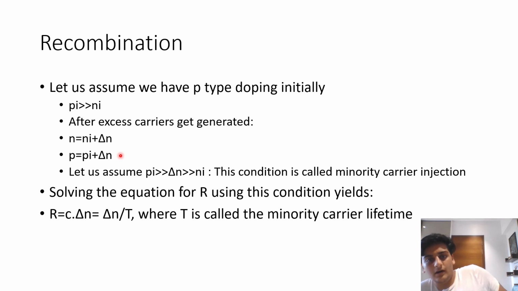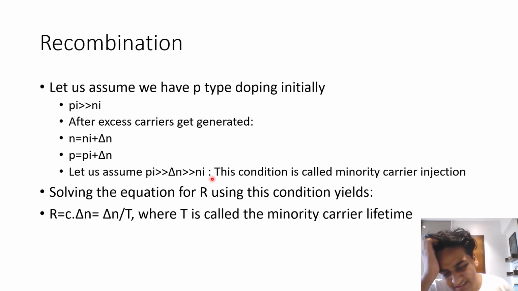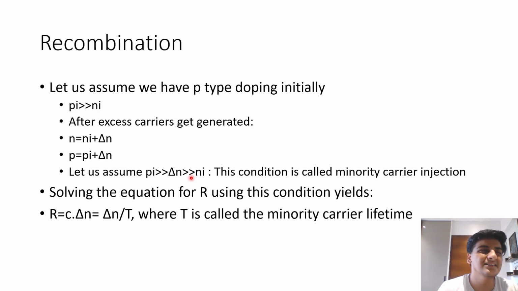Now the assumption that we are going to make is that this delta n, since you have p-type doping, delta n is much smaller than pi but much larger than ni. And of course, the result we're going to derive is only going to be true under this assumption. But this assumption is quite common to make because we already have that the number of holes is a lot larger than the number of electrons.